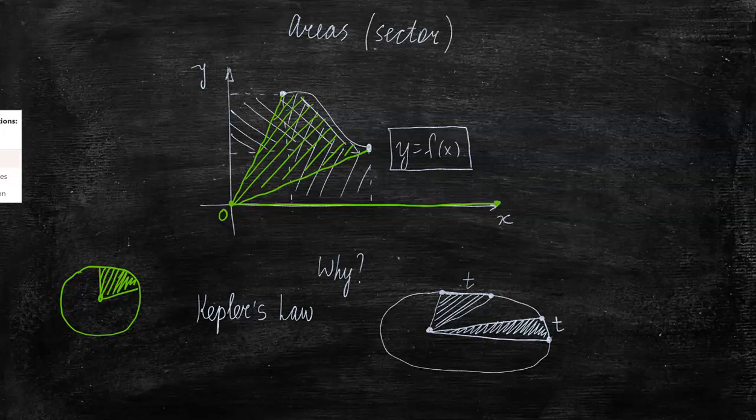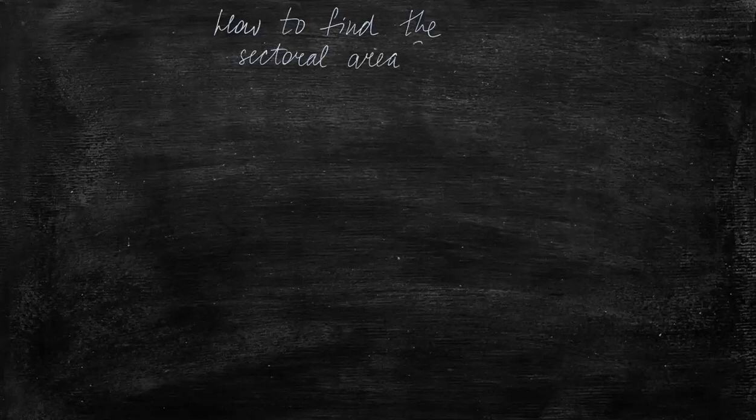So how do we find the area of a sector? Let's assume the following setup. We are in polar coordinates. This is my polar axis. We have a curve which is one-to-one, so it doesn't overlap here.